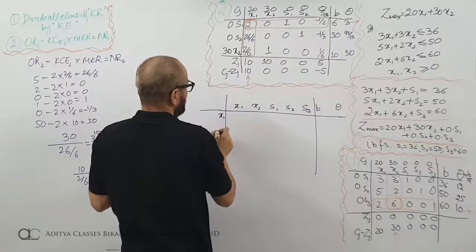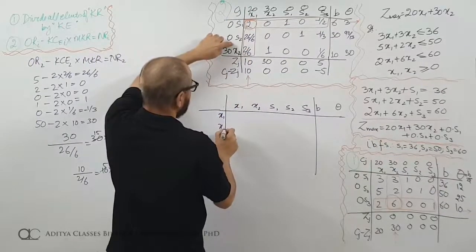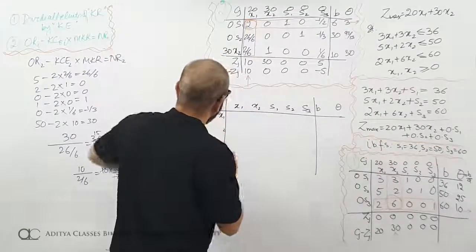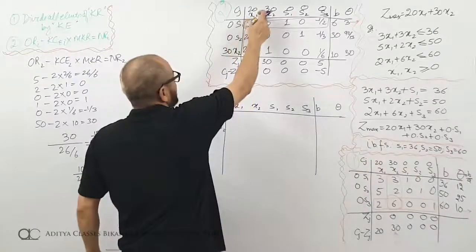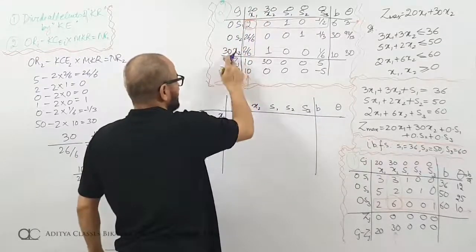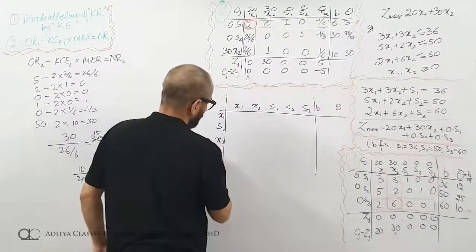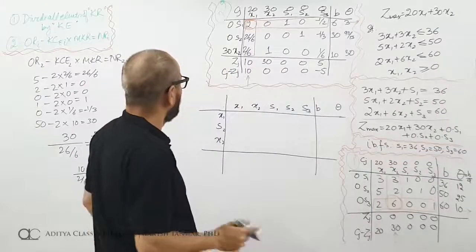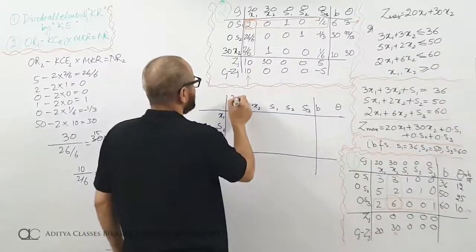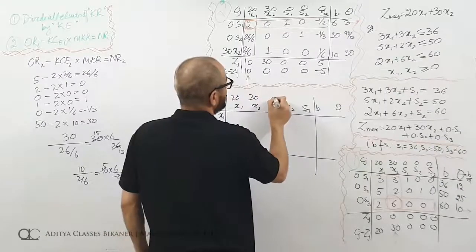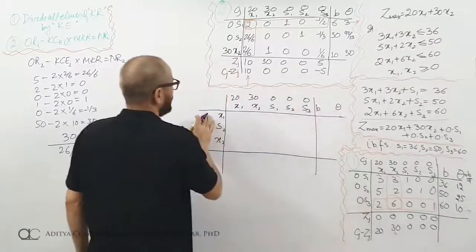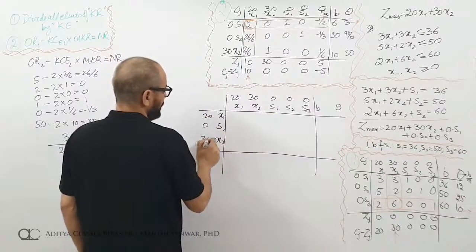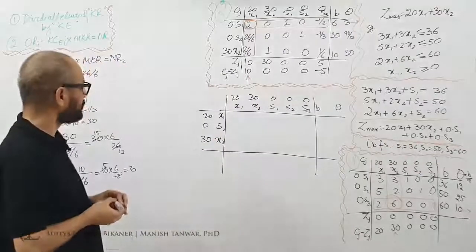So I have X1, S2 is still intact, and the last one is X2, who entered last time around. Now, what are their respective contributions? 20, 30, 0, 0, 0. Here X1's contribution is 20, S2 is contributing 0, X2 is contributing 30. So these are my contributions.